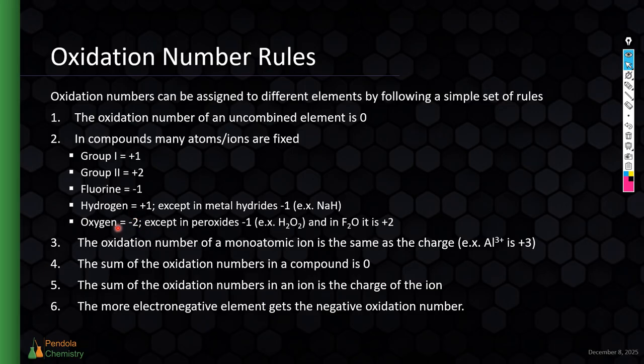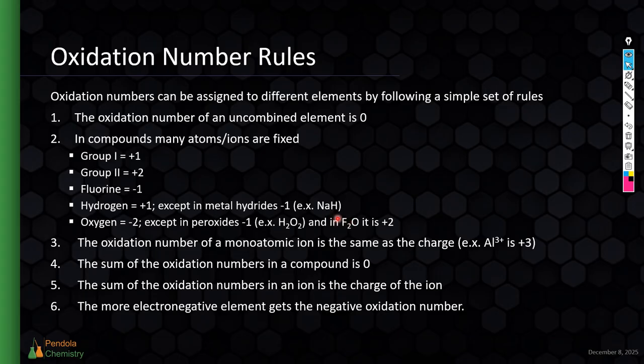The only time oxygen is ever positive is when it's in F2O. And that's because fluorine is the most electronegative element. So by fluorine being the most electronegative element, it is the only time where oxygen, the second most electronegative element, will have a positive oxidation number.